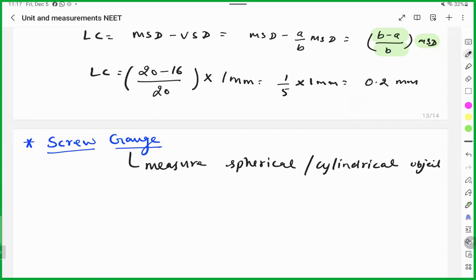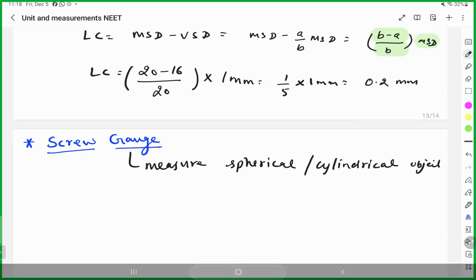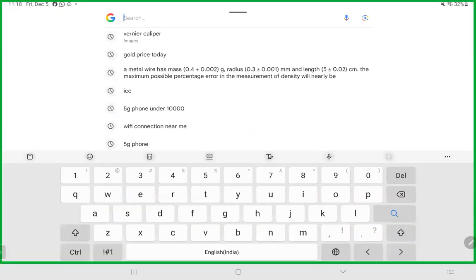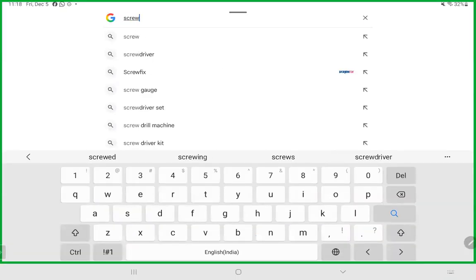This is a very finely tuned structure, and here it's easy to measure. Anybody can measure this, and we can get a precise value. Screw gauge.